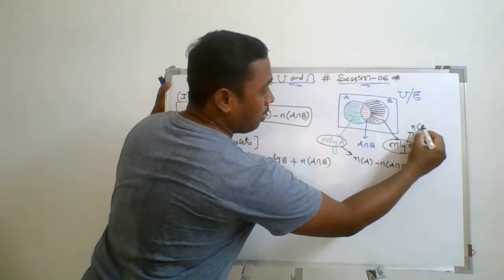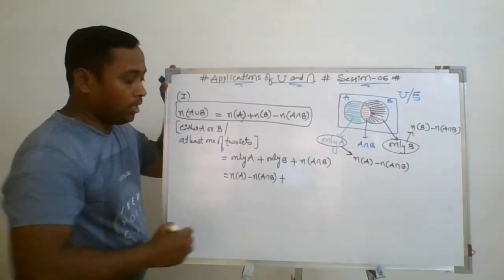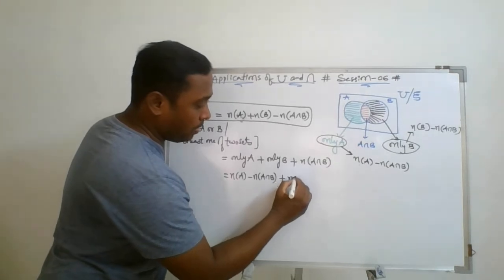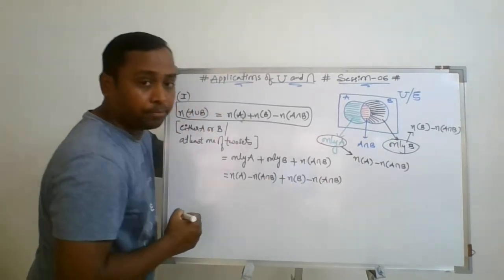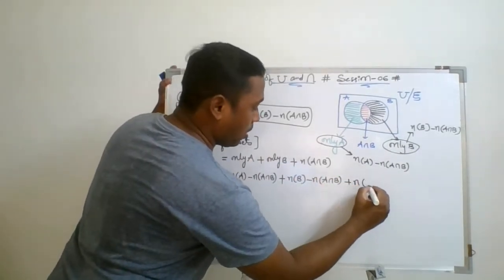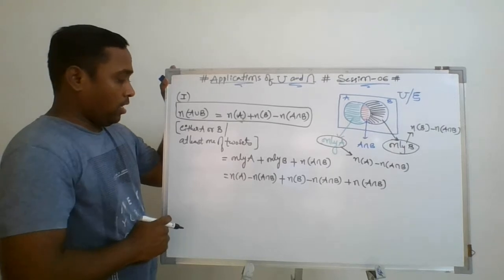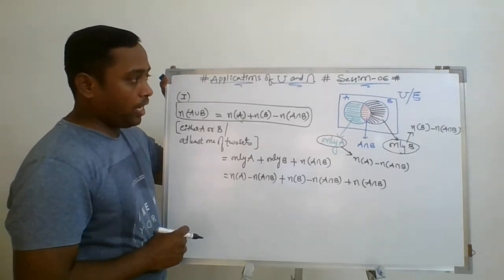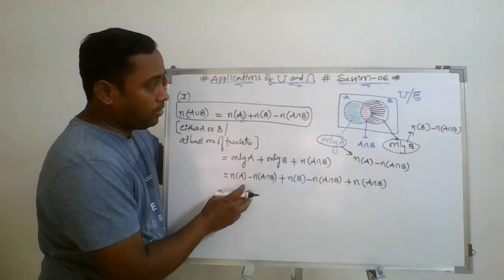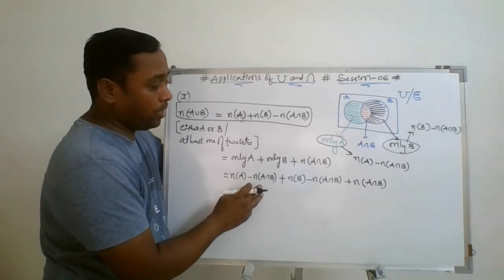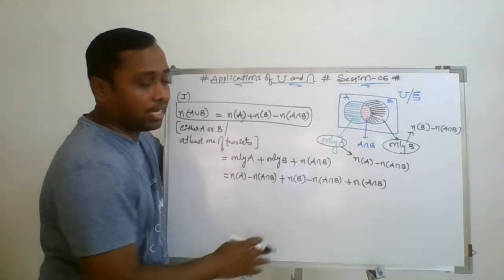Only B means number of B minus number of A intersection B. Plus number of A intersection B. Now just think how you will get this: only A, only B and A intersection B. Only A means number of A minus number of A intersection B. Only B means number of B minus number of A intersection B, and the red portion is as it is.